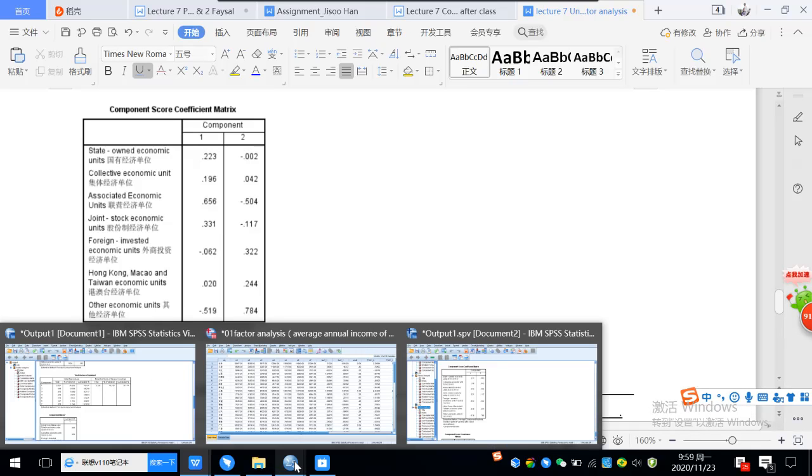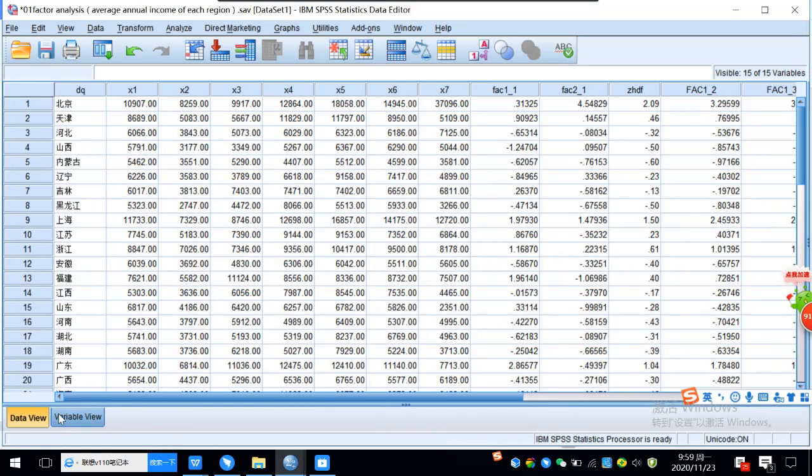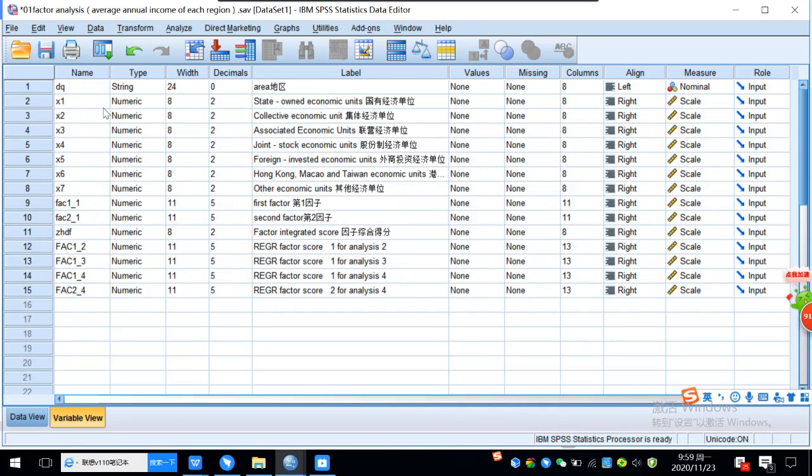Also, you can look at here, which is the x1, which is x2.